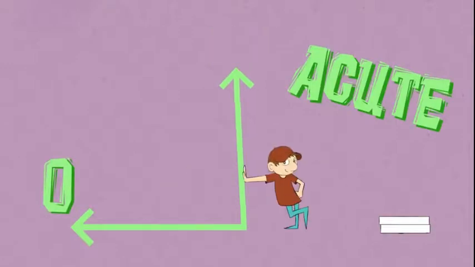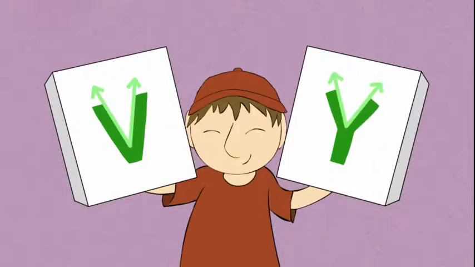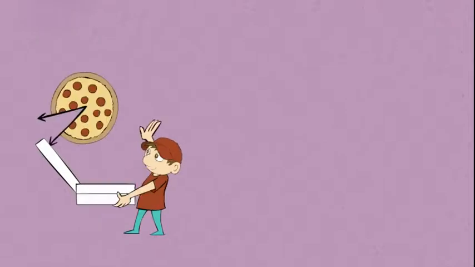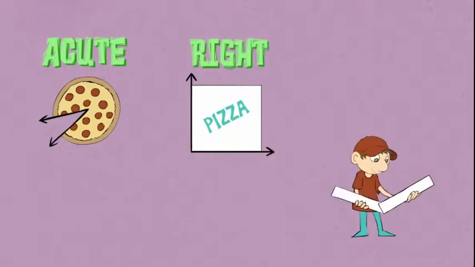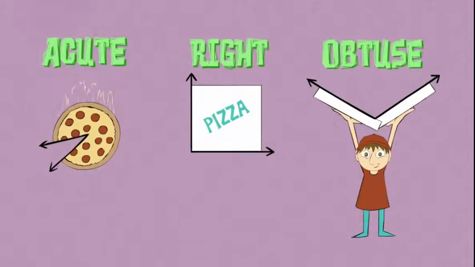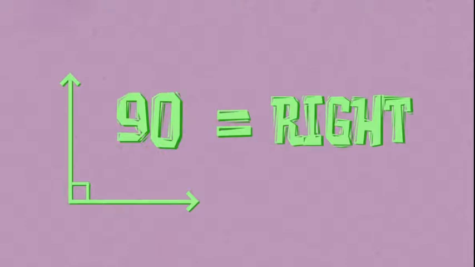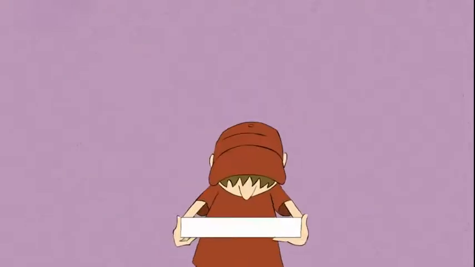This angle small and skinny and kinda cute. It looks like a V or the top of a Y, or the angles that you see eating pizza or pie. Angles are measured in degrees, and here's how to remember them with ease. When an angle measures 90, do we call it right? You can tell this angle just by sight. It looks like an L or the corner of a square.